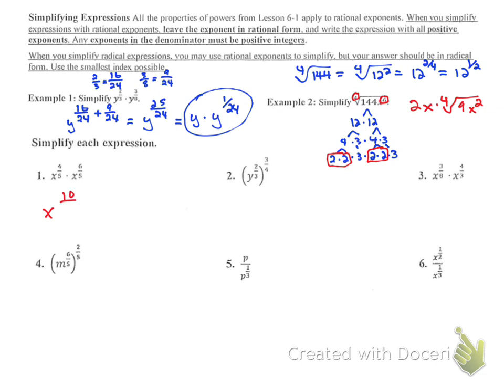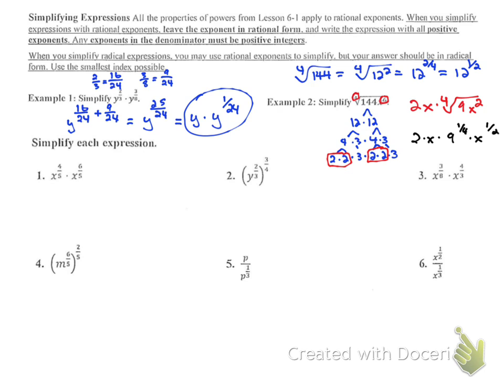That would be 2 times x times 9 to the 1/4 times x to the 1/2.